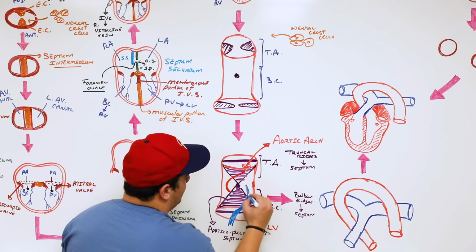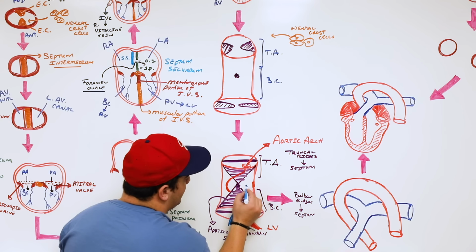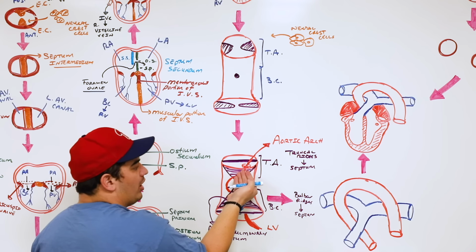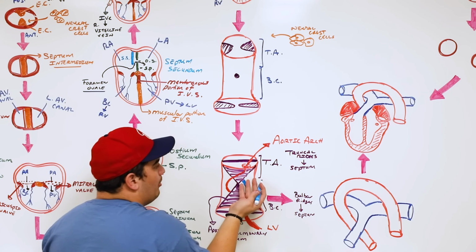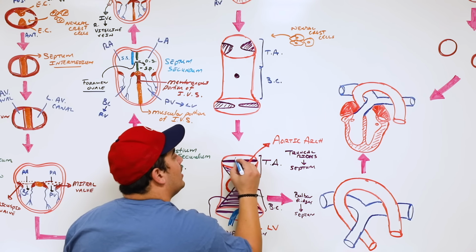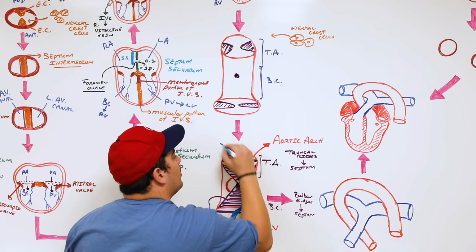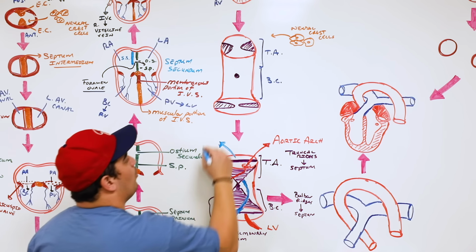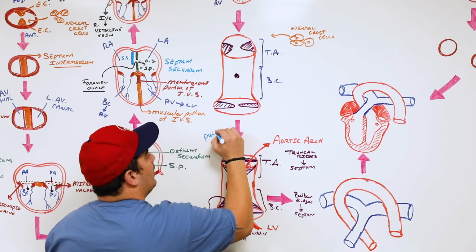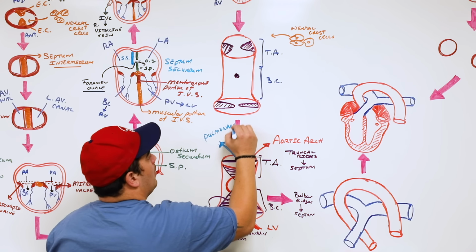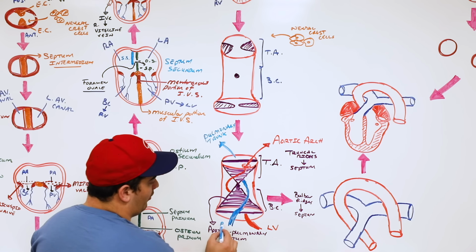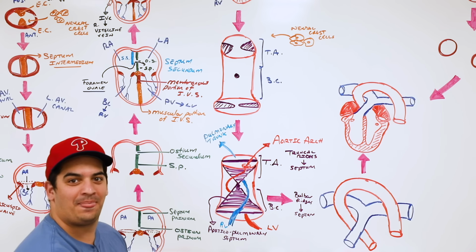And then when it gets to this corkscrew point at the conus, it moves behind the top part of the aortico-pulmonary septum. And when it moves behind, it comes up through the back part of that truncal septum. And this is going to give way to the pulmonary trunk. And this blood is going to be coming from the right ventricle.